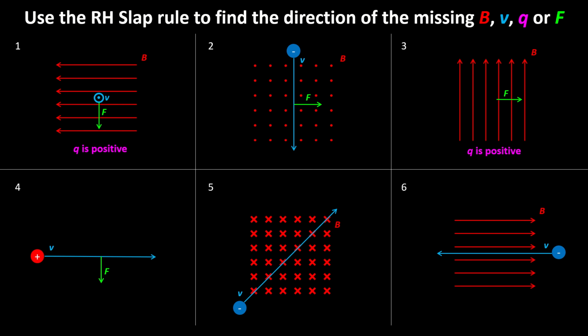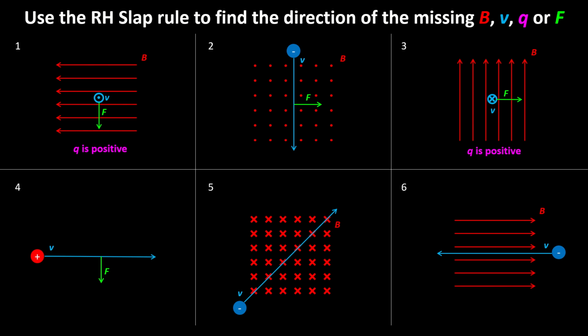Number 3, okay, magnetic field's upwards, and I've got a positive charge. So a positive charge means I'm interested in the palm of my hand, and the force is to the right, so the palm of my hand has to face to the right. That leaves my thumb pointing into the screen, away from me. So that means that positive particle is moving away from me.